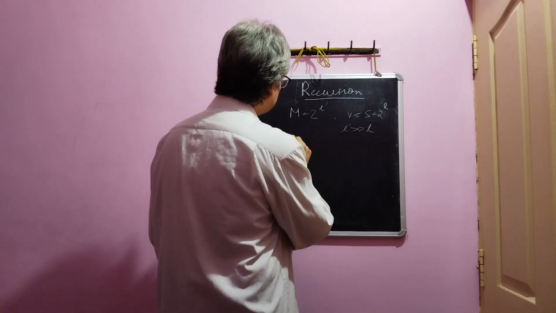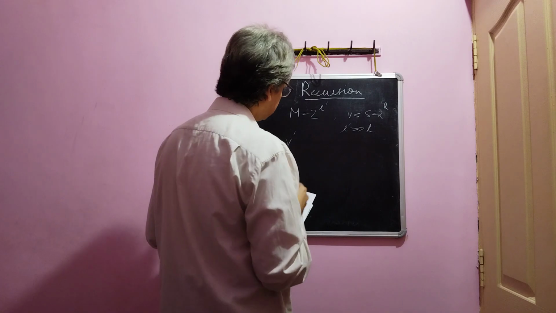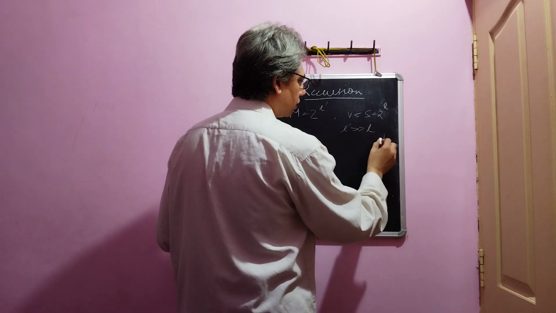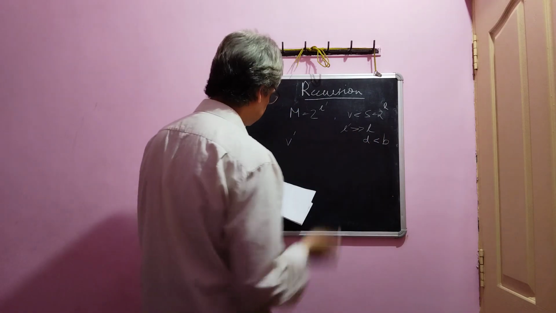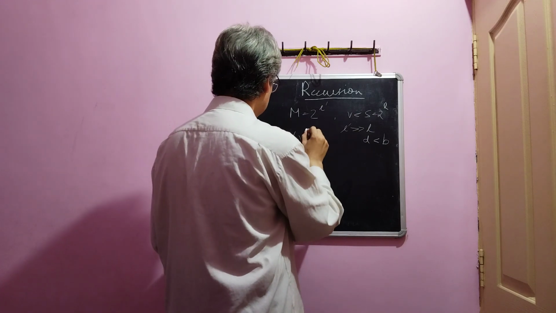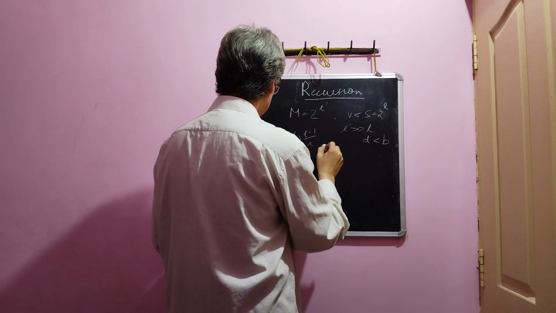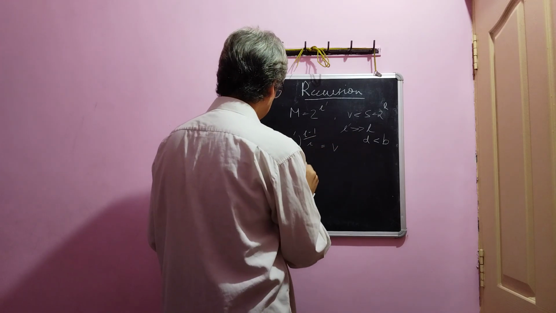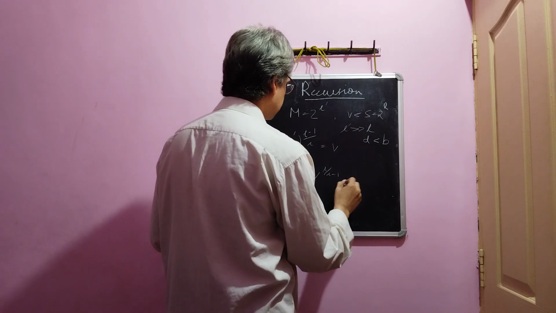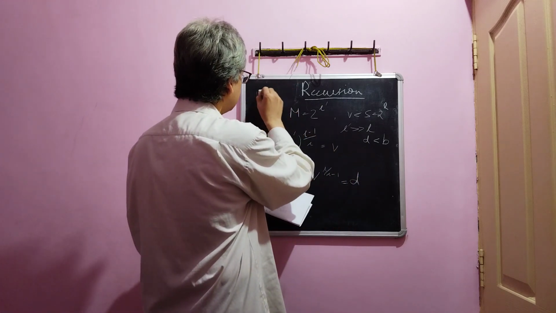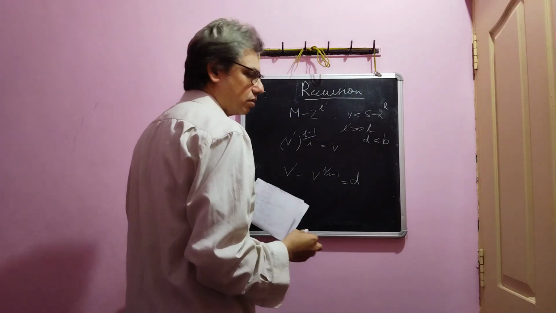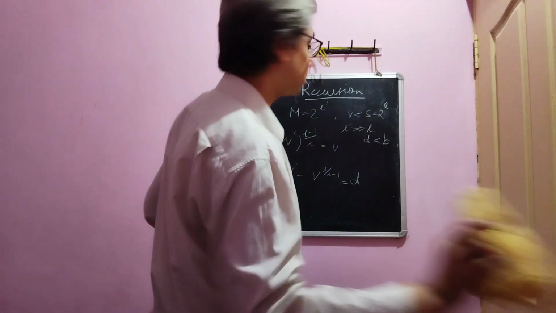Then if v' is a new value that must be obtained by adding another digit or symbol d less than b, then clearly we would require v'^(i-1)/i to be equal to v, and (v' minus v^(i-1)/i) to the power of i minus 1 must be equal to d. d is the previous symbol, if you are hashing, coding it from left to right. So this is what is basically required for us.